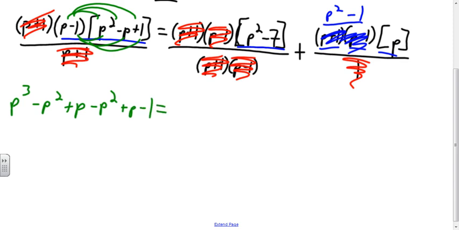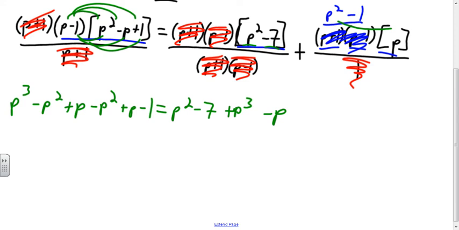So that is the left side of our equation. The right side, we still have this p squared minus 7. And over here, if we distribute the p to each of these, so we'd have plus p cubed and minus p. So now this is our equation.